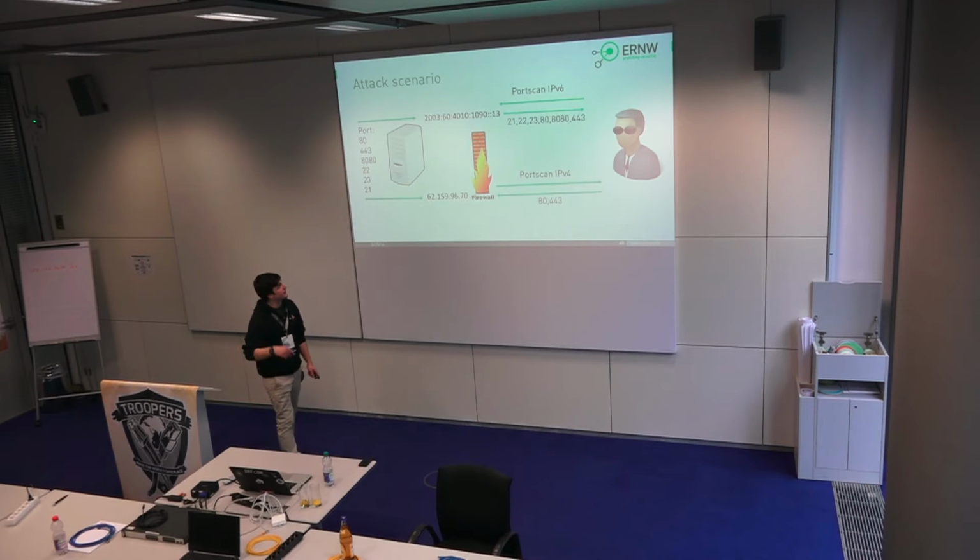But if he does the same thing on IPv6, he will get a lot more ports, a lot more attack surface, like things he can attack. And well, this is a pretty serious security risk, isn't it?